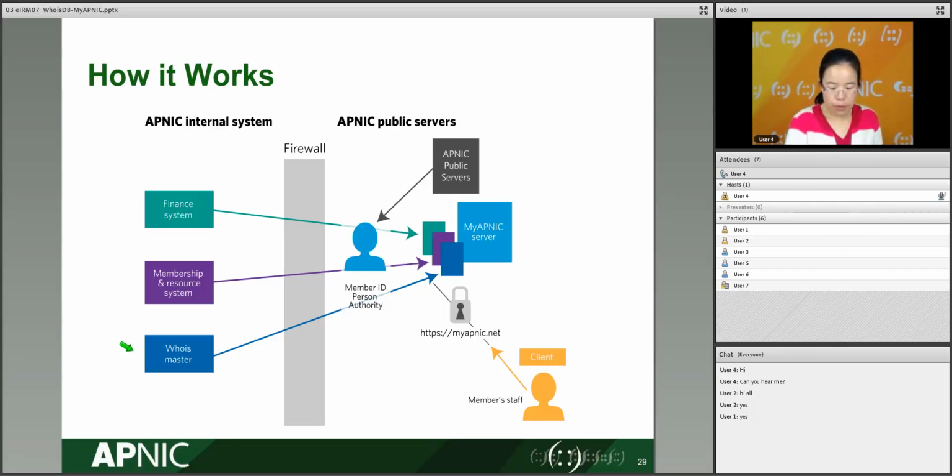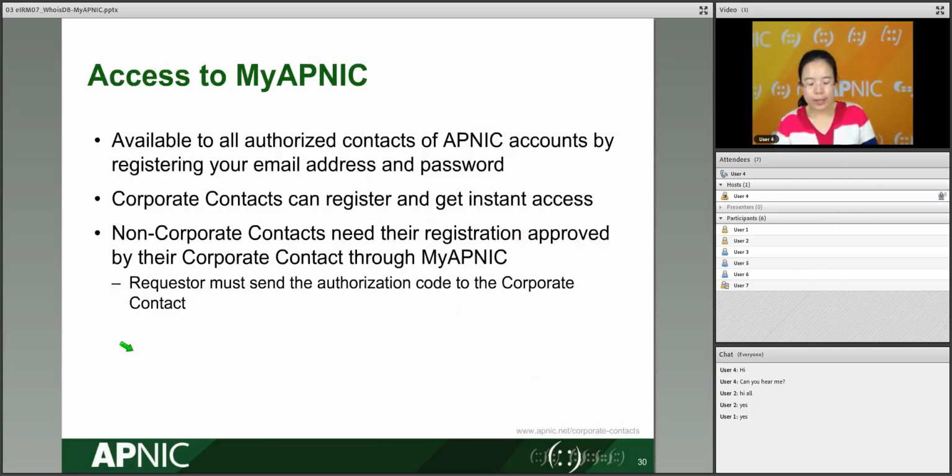So this is about MyAPNIC, and you only need to log into the web portal to access MyAPNIC. First one, normally when you just become a new member, you get a corporate contact. Okay, the corporate contact, I want to draw it here.